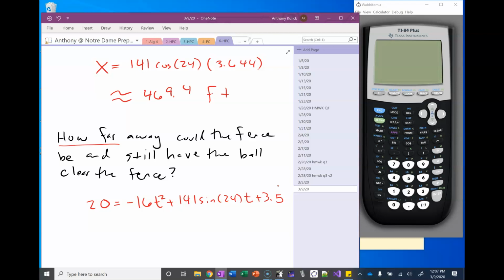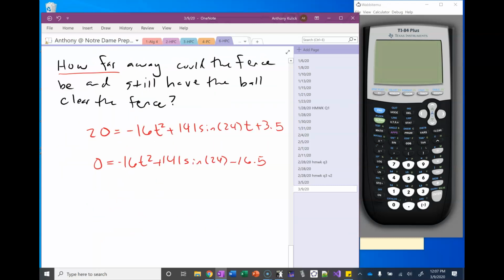This is the second example. So this is a quadratic equation. In order to solve this, the first thing I want to do is subtract 20 from both sides so that it's equal to 0. And then just like before, we'll apply the quadratic formula.